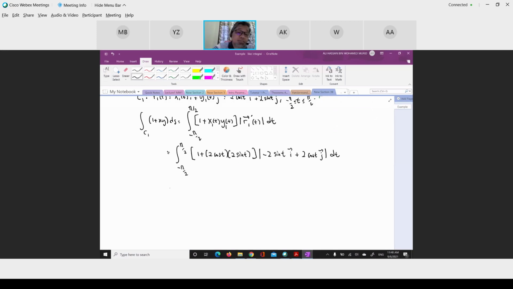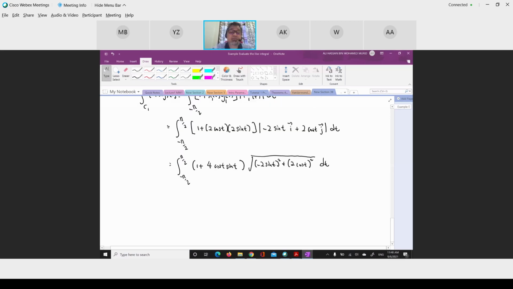Then it's just a matter of simplifying. The modulus is the square root of (minus 2 sine t) squared plus (2 cosine t) squared, dt. What is that equal to?